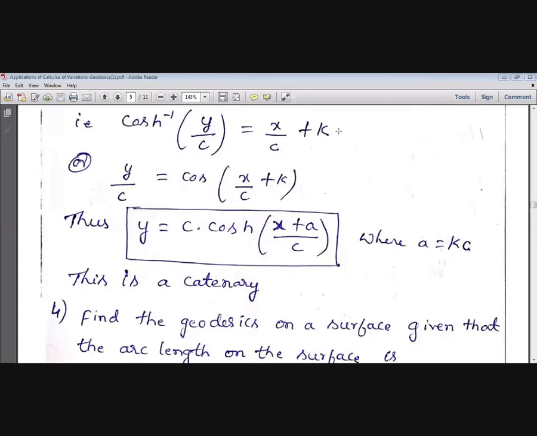Somebody was asking, what is A? If you integrate, after integration, you will get this much. You cross multiply, see this side. Actually, cos hyperbolic, H will be there here.